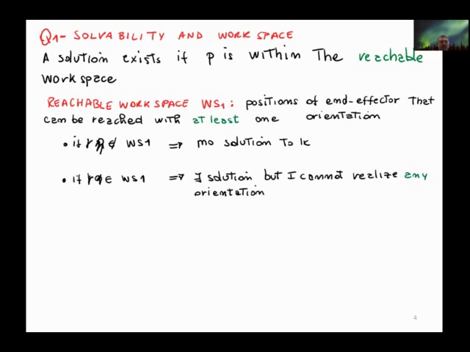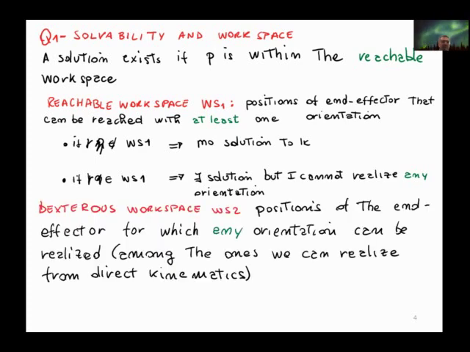And what does this mean? We will see in another example. Roboticists also define another workspace that is a subset of the reachable one, called the dexterous workspace. In this case, it's the set of positions of the end effector that can instead be realized with any orientation, any among the ones that are feasible.